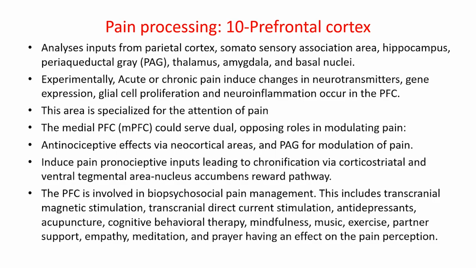These include transcranial magnetic stimulation, that will suppress the pain; transcranial direct current stimulation; or use of antidepressants to reduce the pain because they are also associated with the depression. The acupuncture-induced analgesia, though acupuncture may produce at the spinal cord level a certain amount of gate inhibition, but here also if you are using the acupuncture at the higher level, that may reduce the pain.